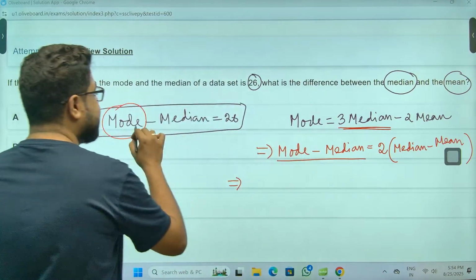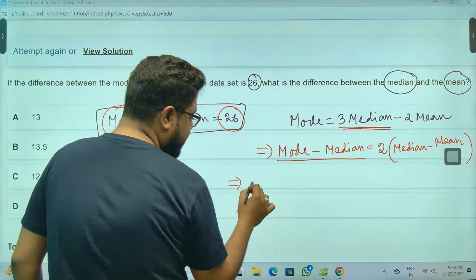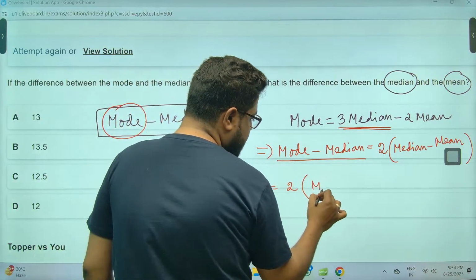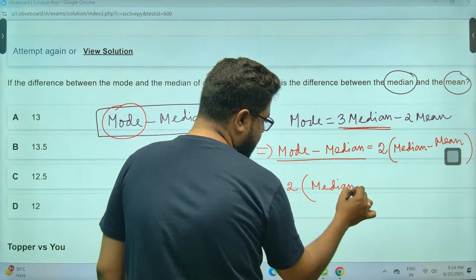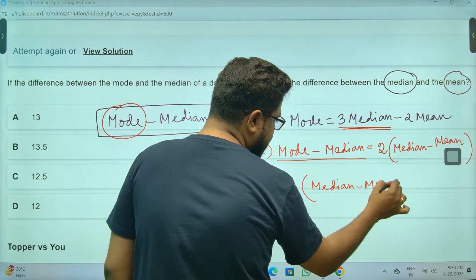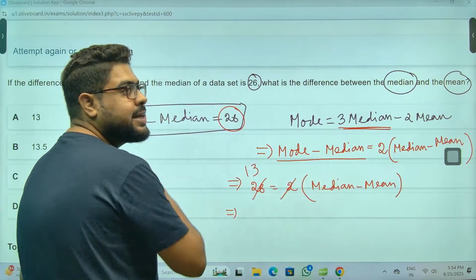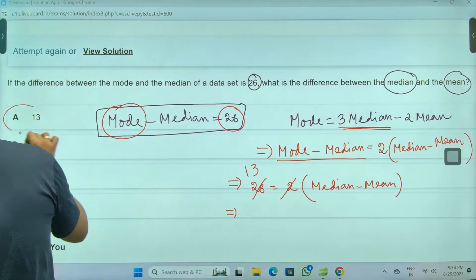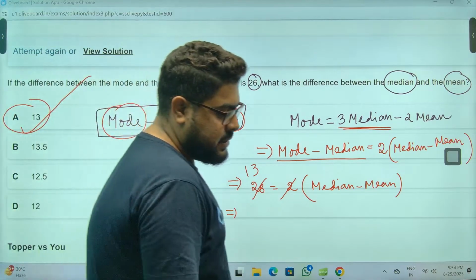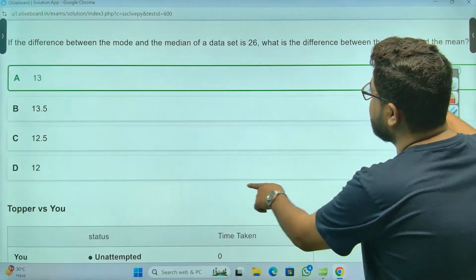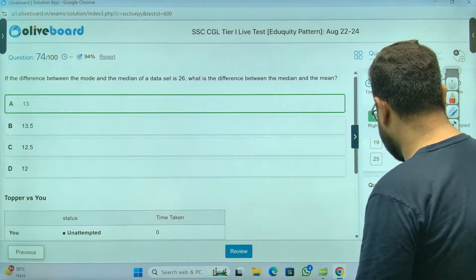Mode minus median is given as 26. 26 is equal to 2 into median minus mean. The 2 cancels, so median minus mean is 13. So the answer is option A, 13, and this is how Karl Pearson actually did it.